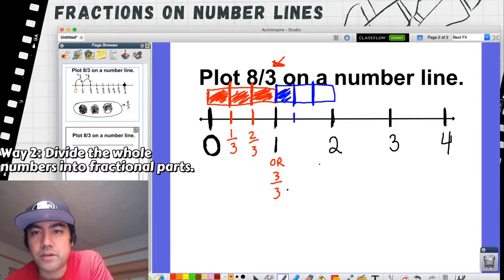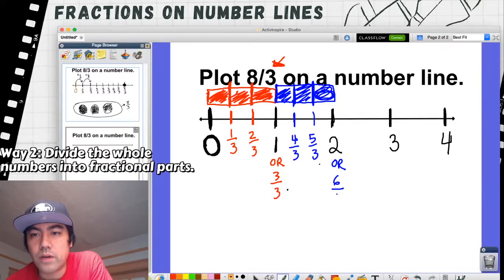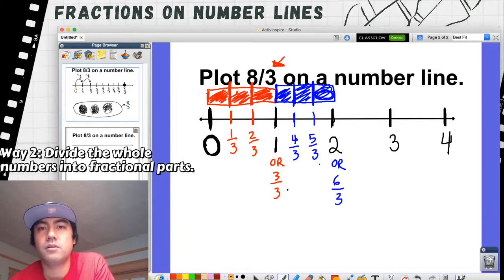And now over here, I can say I have 4 thirds. Over here, I can say I have 5 thirds. And over here, if I count all of these thirds, I have 6 thirds. Or, as you can clearly see, by looking at the red and the blue, I have 2 wholes already.